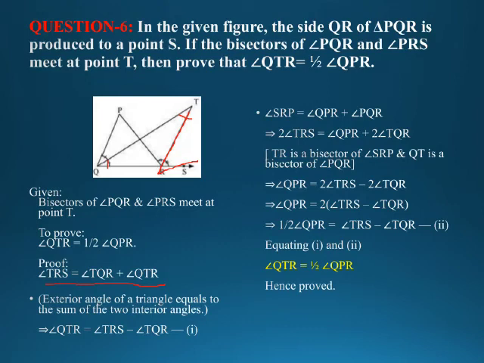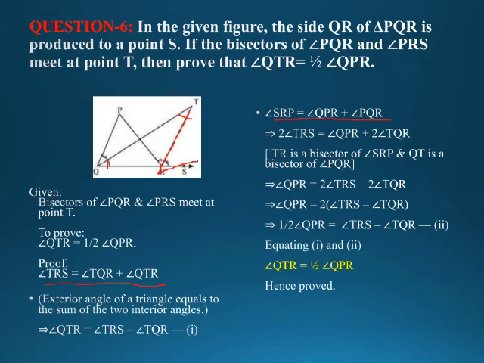Next we have to take angle SRP. Angle SRP equals angle QPR plus angle PQR. Angle SRP is the exterior angle, and angle QPR plus angle PQR are the sum of two interior angles.